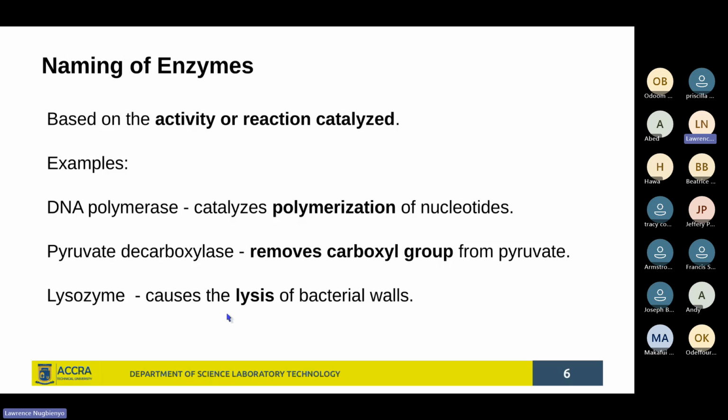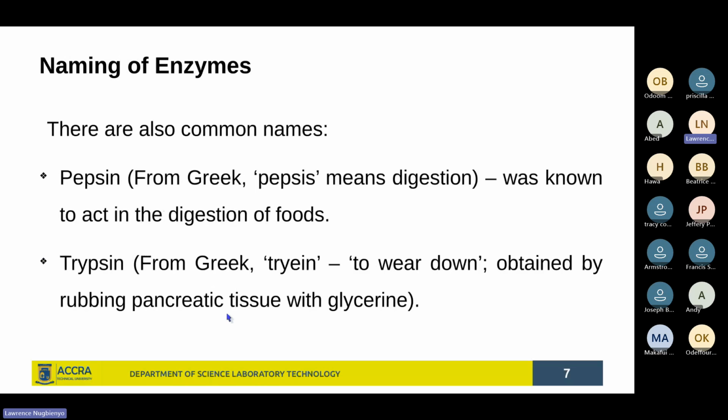Similarly, an enzyme that is acting in the process of the lysis of bacterial walls is also called a lysozyme, after that lytic reaction, which causes the breakdown of bacterial walls.